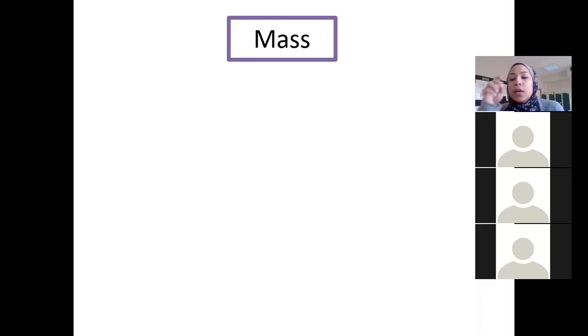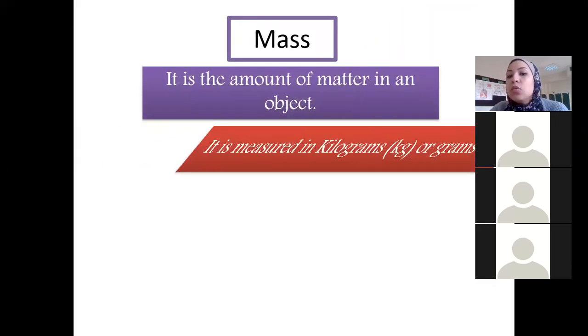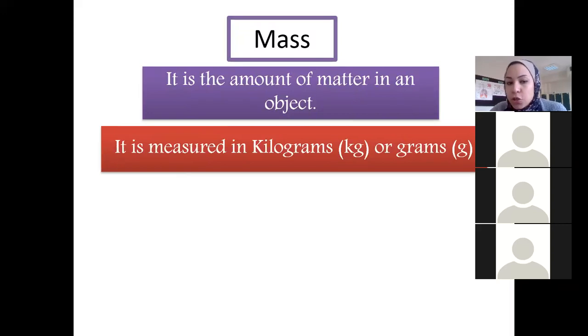No one. All right. So the unit that we use to describe mass is grams and kilograms. So when I am asking you about the mass of an object, I say, for example, the mass of this cat is 20 dash, and I want you to write the unit.